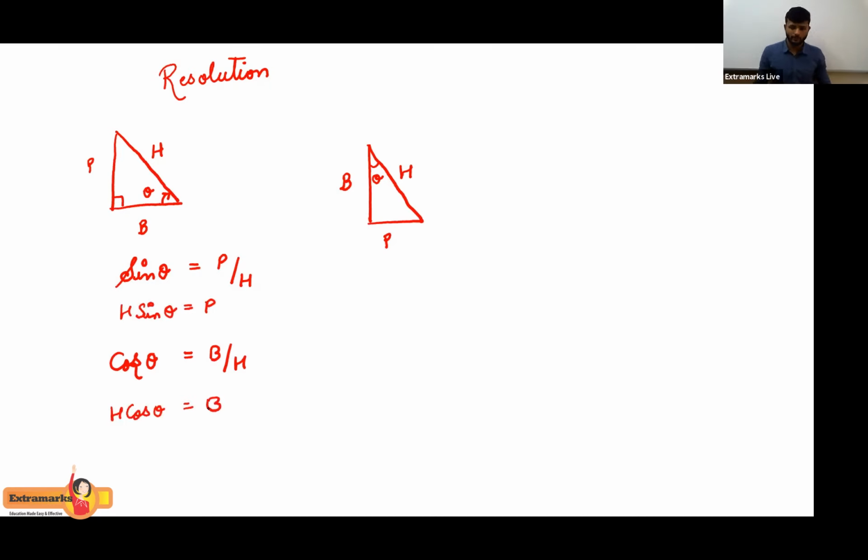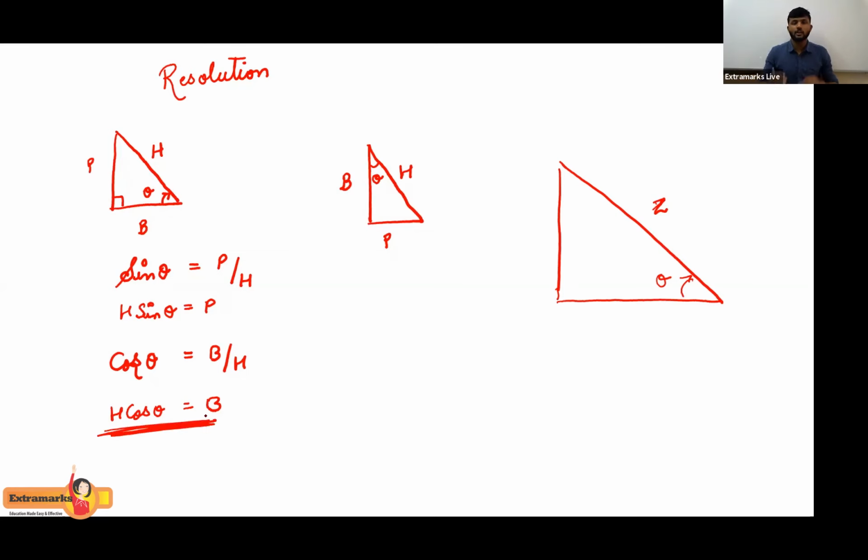Are you getting my point? It means whenever I give any right angle triangle and I have given this theta, let's say this distance will be z. Always remember, the side which is close to theta is the base. And how can we write this base as h cos theta? The component which is close to theta will always be h cos theta, and the component which is perpendicular to it, or opposite to it, will be h sin theta.